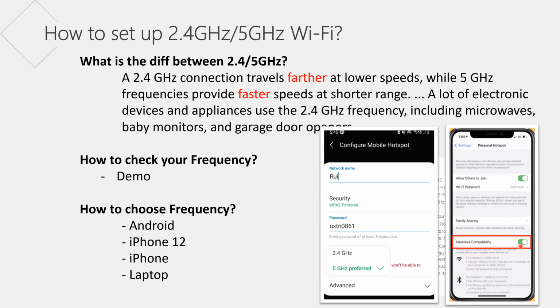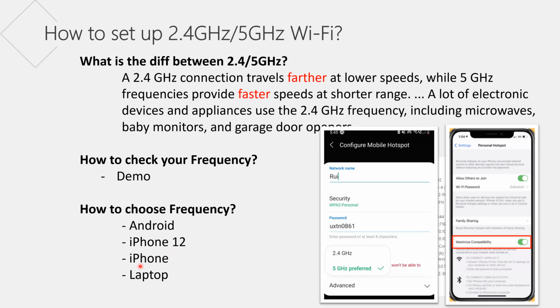Once you turn this button on, your hotspot will switch to 2.4 gigahertz. So if you are using the newest iPhone, you should be able to create both 5 gigahertz and 2.4 gigahertz bands.